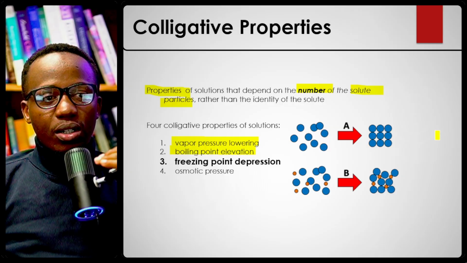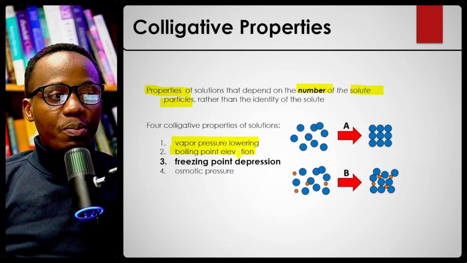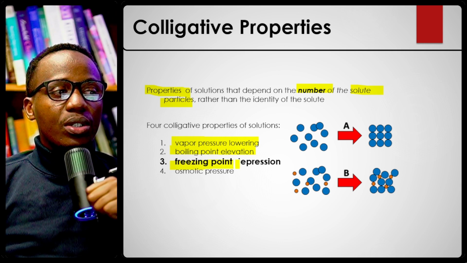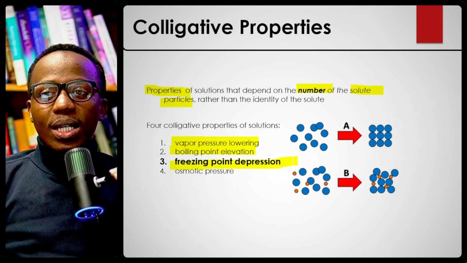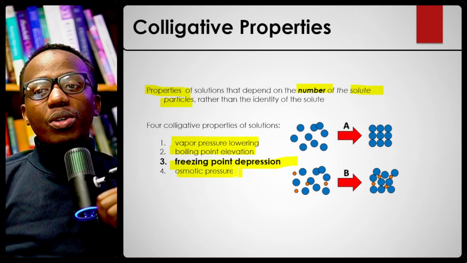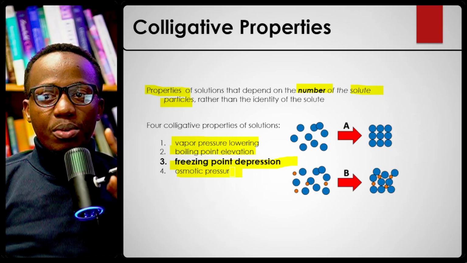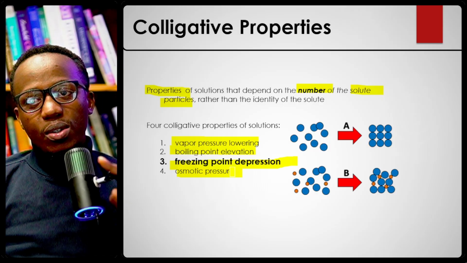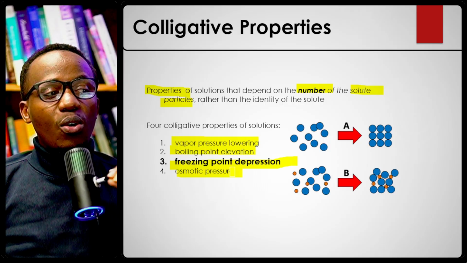That's the elevation. So vapor pressure goes down, boiling point goes up, and then you have freezing point depression. So the freezing point goes down, and then you have the osmotic pressure. Not temperature, but concentration. When you increase the concentration, the osmotic pressure goes up.